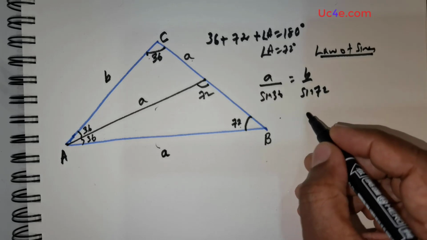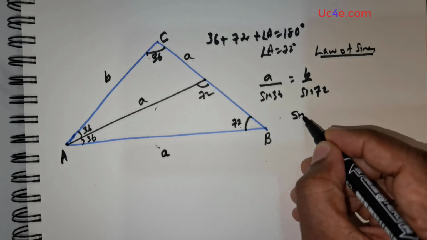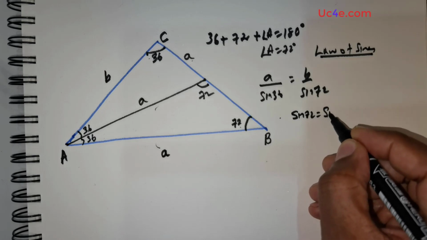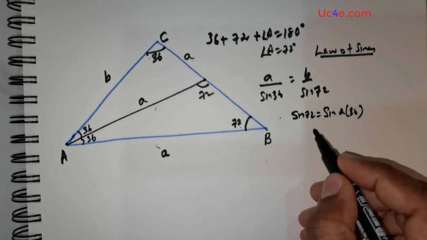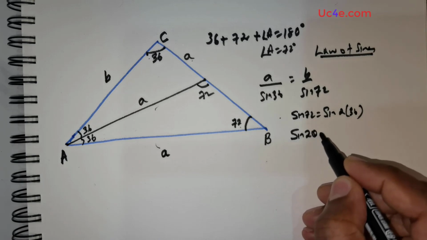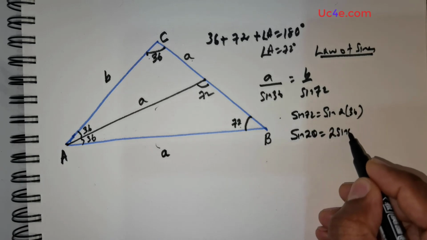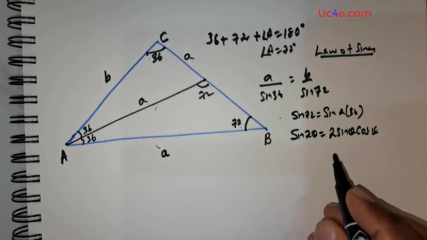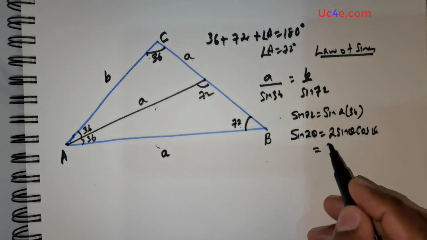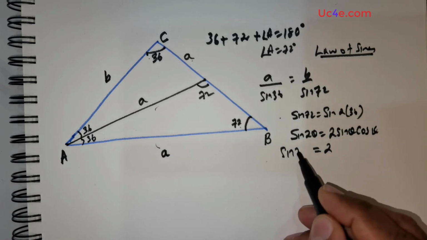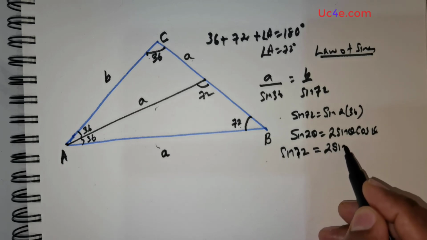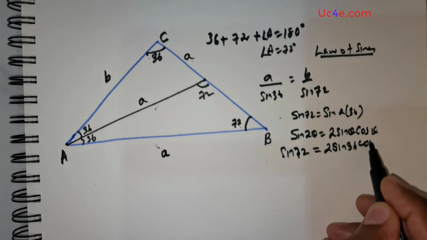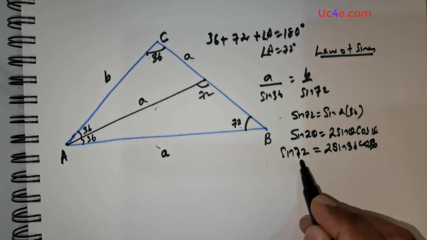Now I would like to write sine 72 as sine of 2 times 36, right? Now this is similar to sine 2 theta. What is sine 2 theta? 2 times sine theta times cos theta. So sine of 72 is equal to 2 times sine 36 cos 36, right?